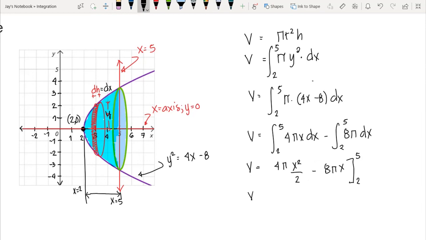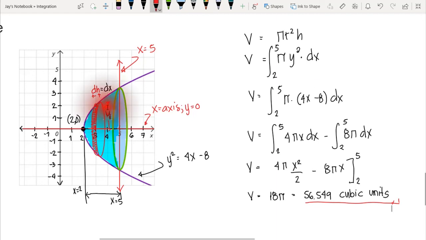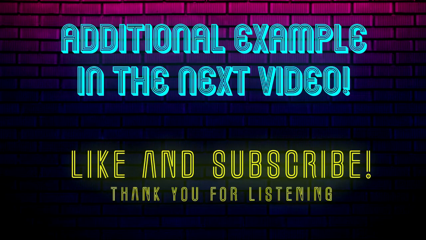Then we substitute the upper limit and the lower limit. Then we have the value of our volume, which is 18 pi, or that is 56.549. Since this is volume, we could say that it is in cubic units. And this is the volume generated by revolving our area about the x-axis. And this is our final answer for our question number 2.